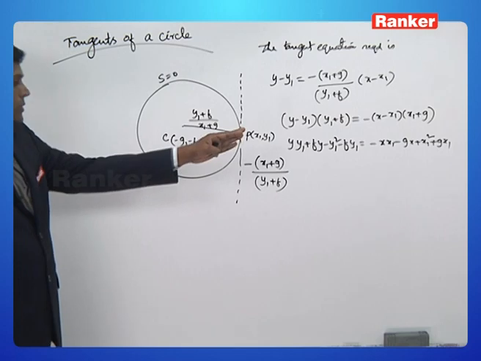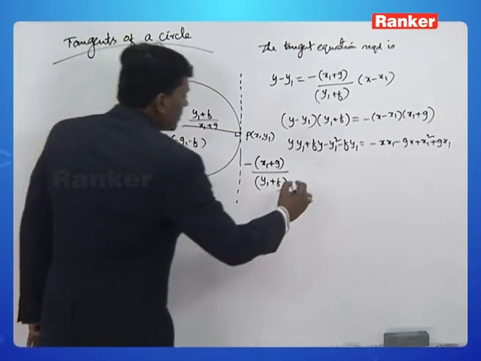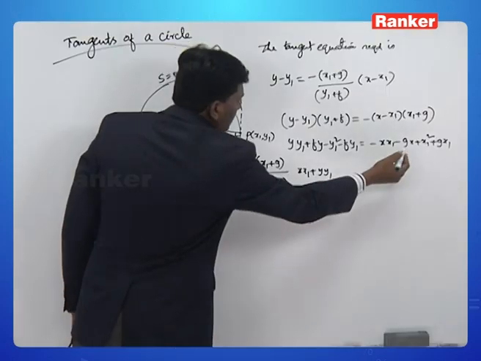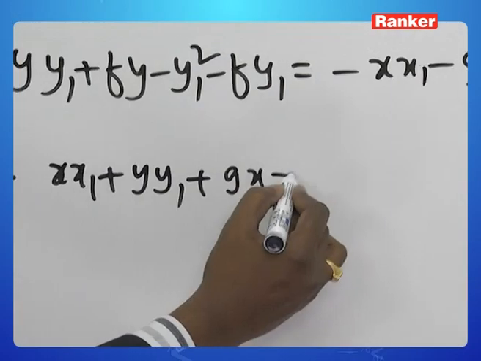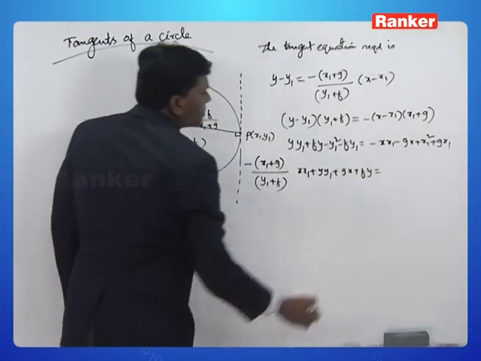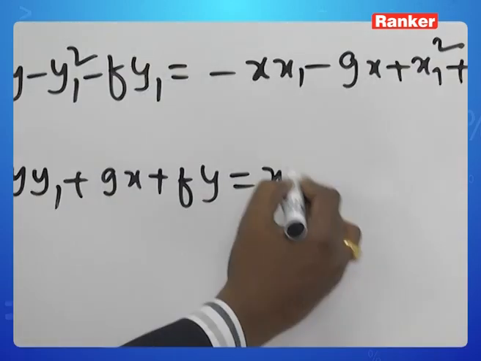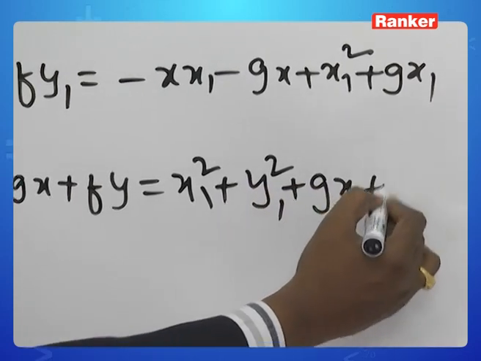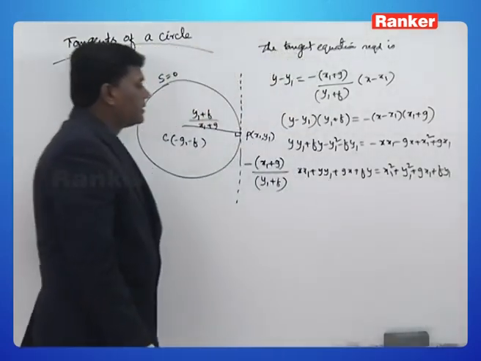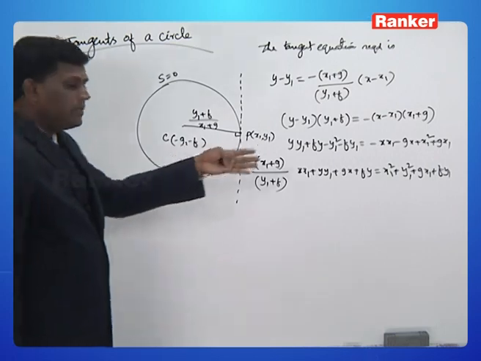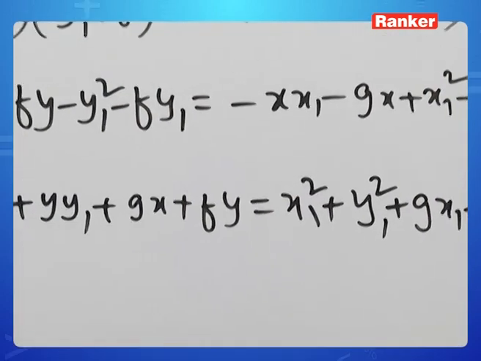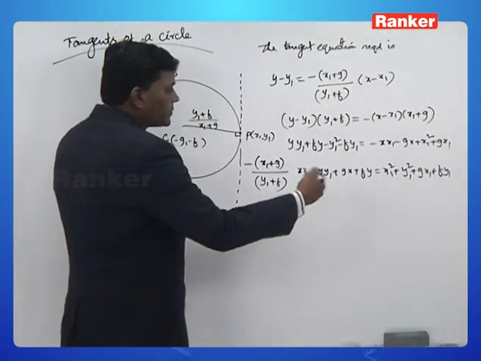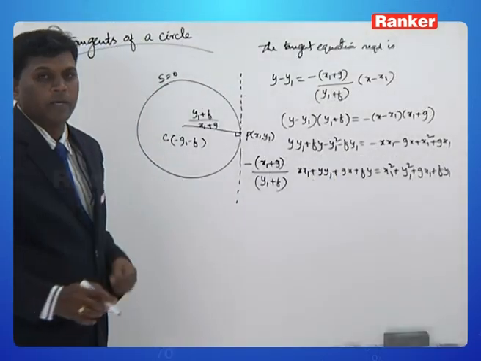Transferring all these negative terms to the other side, you are getting xx1 plus yy1 plus gx plus fy equals to, on the right side we get, x1 square plus y1 square plus gx1 plus fy1. And such a lengthy equation to remember always is a typical task. That's why let us see how to simplify it further in notational form.